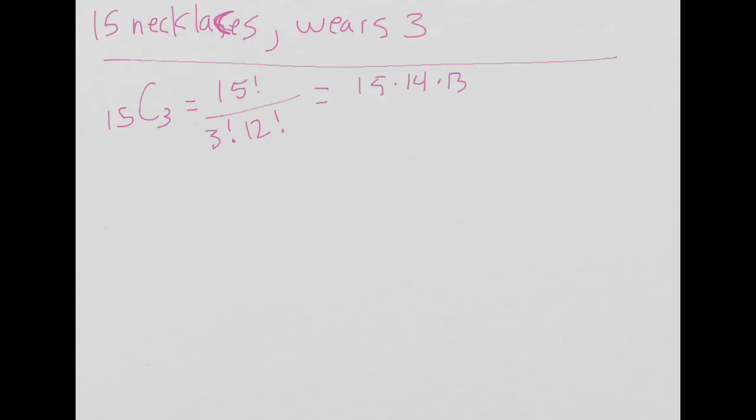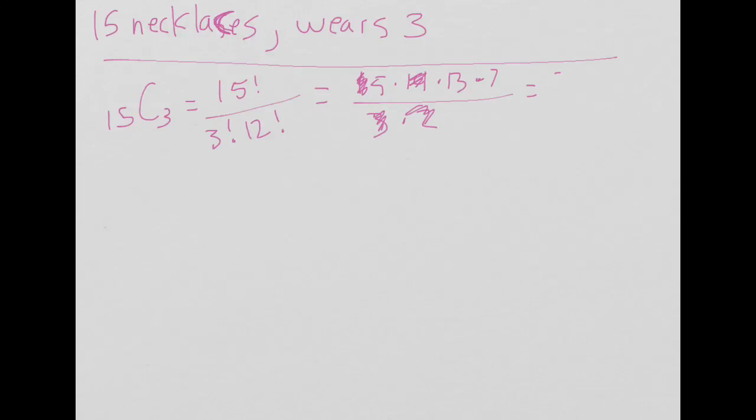And then the rest of that numerator is going to be 12 factorial, so that's going to cancel with the 12 factorial in the denominator, and I'll be left with 3 times 2 from that 3 factorial. And I can simplify this. 15 divided by 3 is 5, so I'm going to get rid of that 3 and make that a 5. Let's see, 14 divided by 2 is 7.